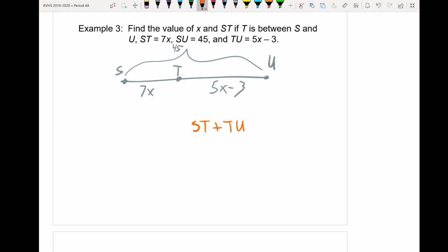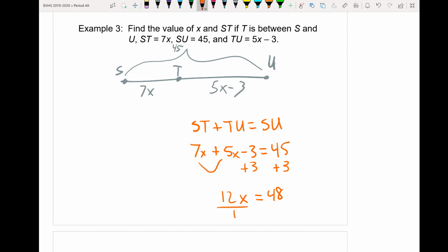All right, ST plus TU equals SU. Very good. All right, working our way down.